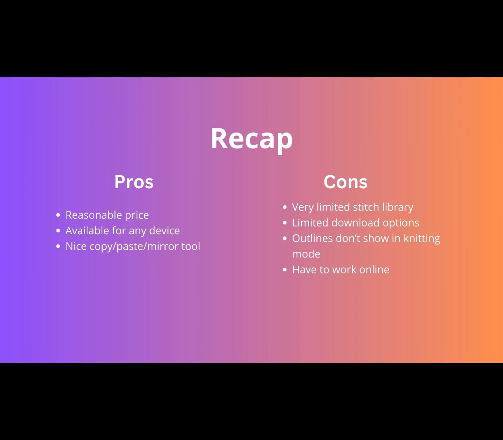It has a pretty good copy-paste mirror feature too. On the negative side, it has a very limited stitch library and download options. The outlines don't show in the working mode, and since it's online, you need internet access to use it. Overall, this system isn't as versatile as the Knitting Chart app from my last video.